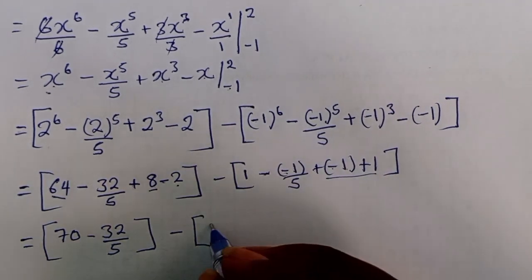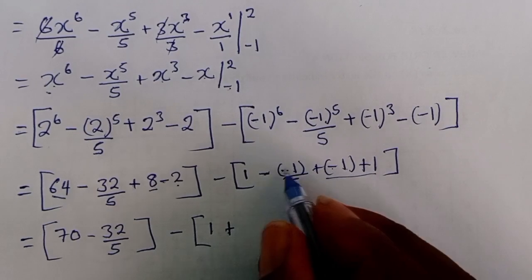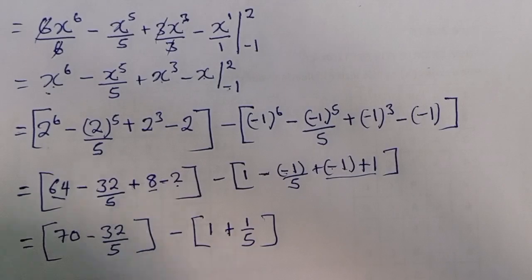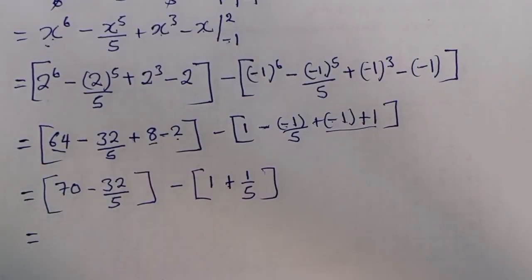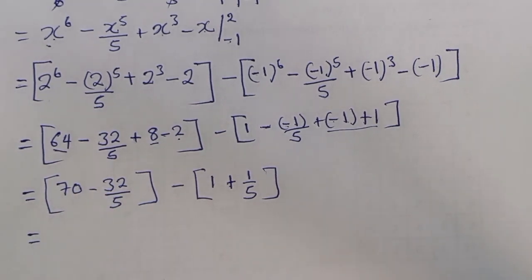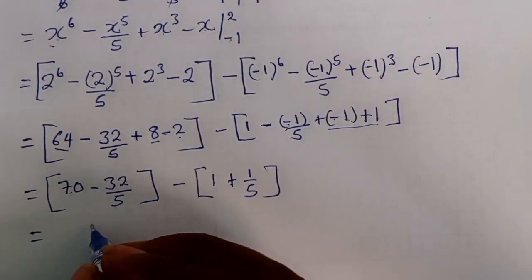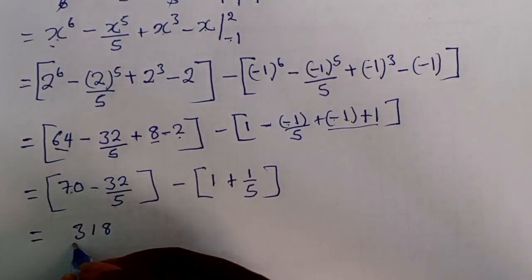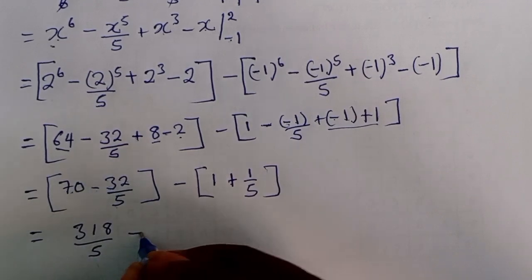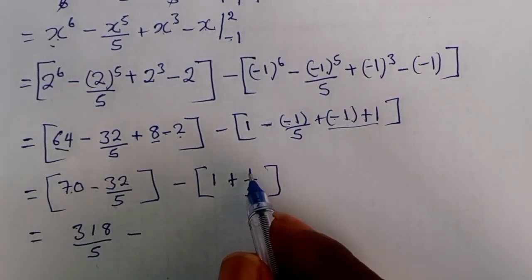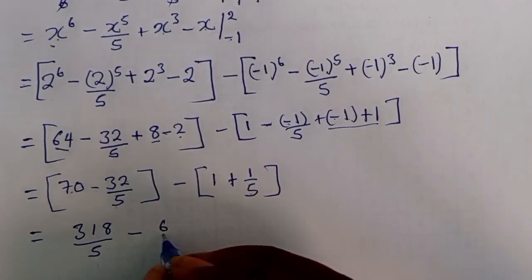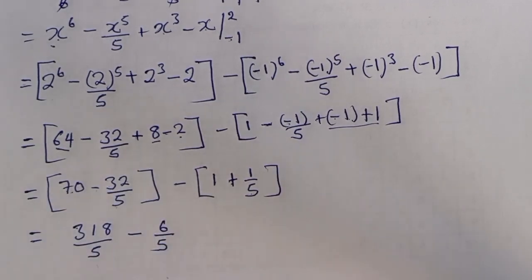So we have positive 1 over 5. From there, you can just use a calculator to compute 70 minus 32 over 5. The answer is 318 divided by 5, minus 1 plus 1 over 5. The answer is 6 over 5.